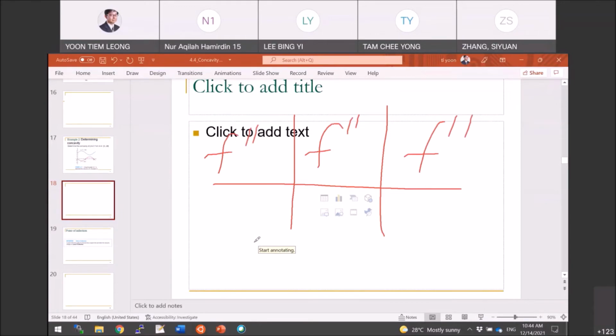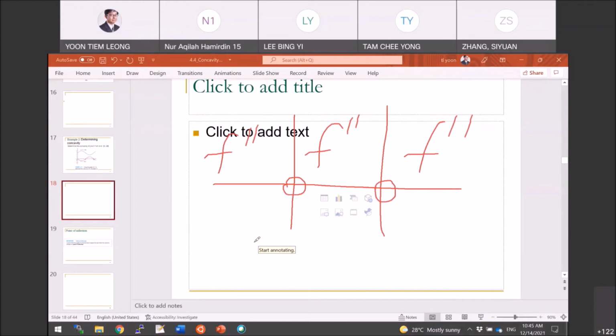In the critical point, the sign of f prime may change at the critical point. Here, we talk about the inflection point. An inflection point is a point where the sign of f prime prime changes. This is very similar to the case of the critical point, where it is the sign of f prime that changes across the critical point.